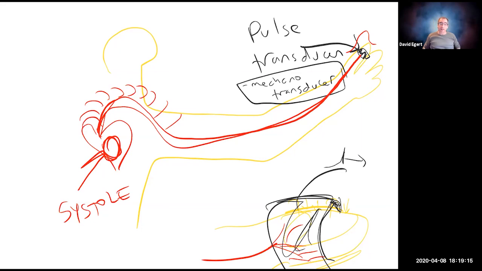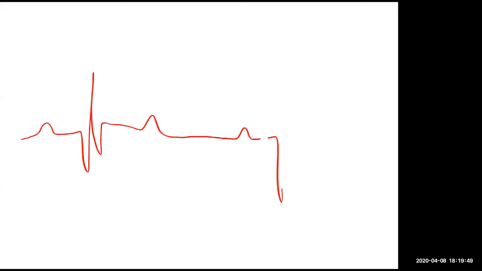However, can I figure out when ventricular systole is occurring, given our setup here? You should know this. Looking at the QRS complex.